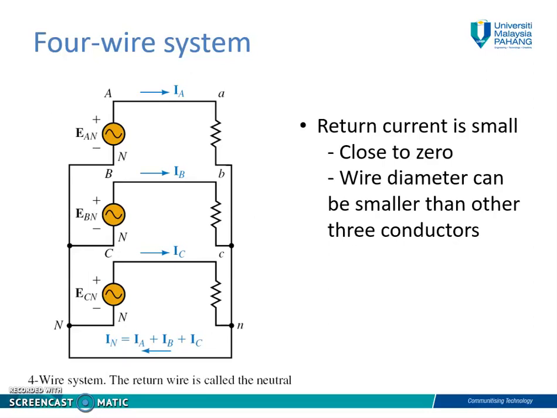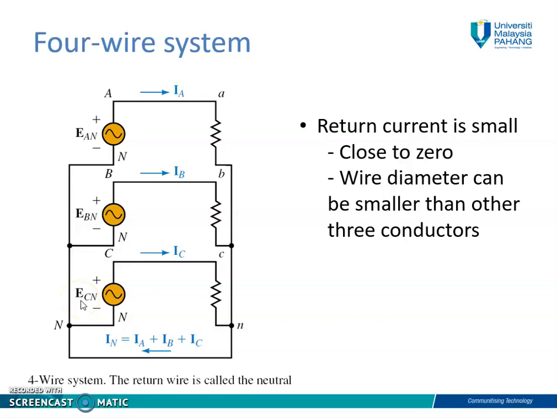Okay, this is the circuit diagram for the 4-wire system. The return wire is called the neutral. So IN represents the return current. EAN, EBN and ECN are called phase voltages.